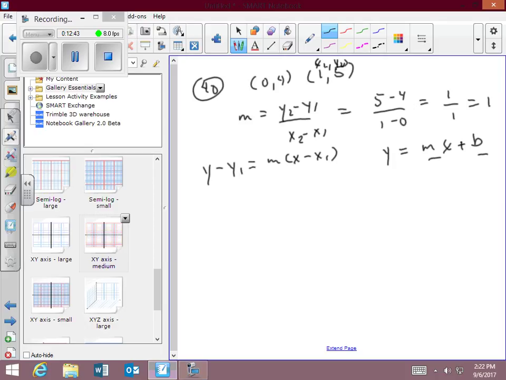Now, for those 2 points, is one of them a y-intercept? Is 1,5 a y-intercept? Is 0,4 a y-intercept? How many say 0,4 is a y-intercept?